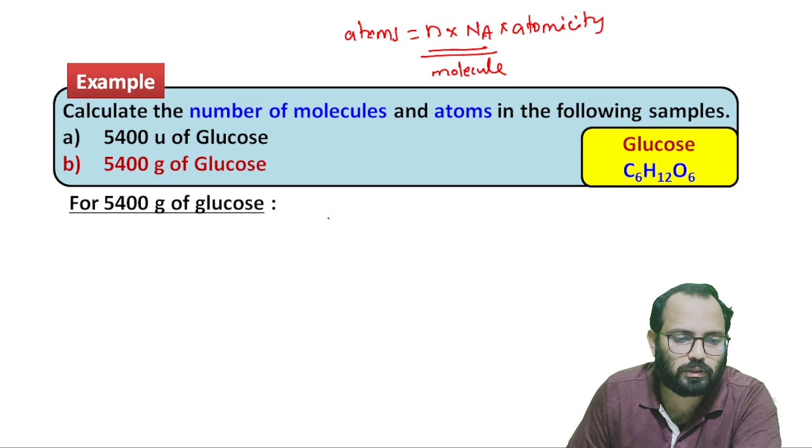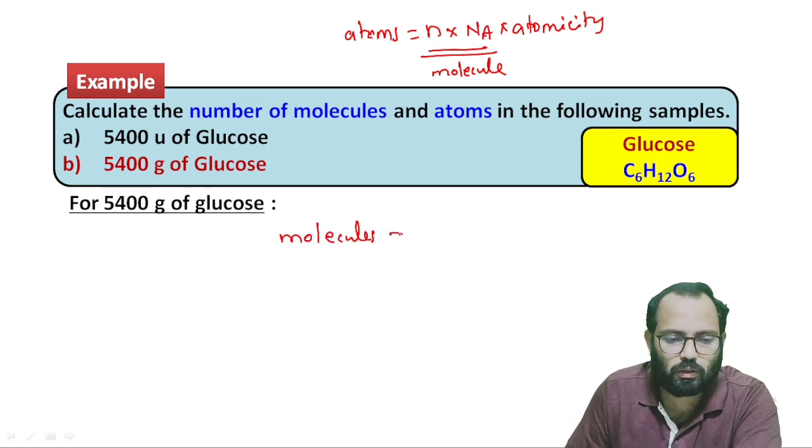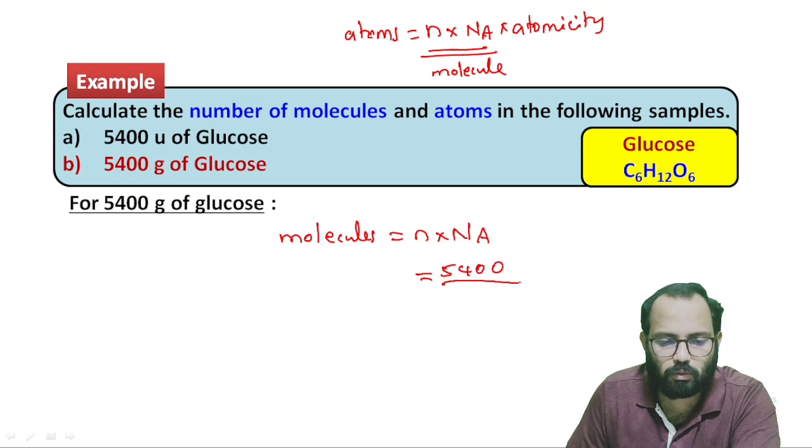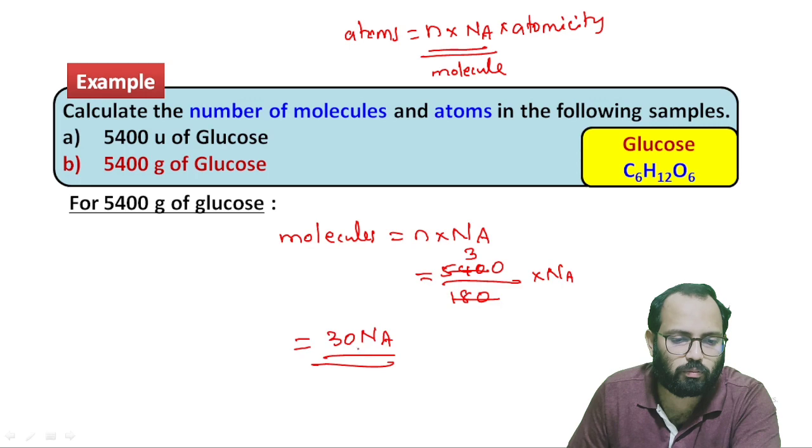So number of molecules is equal to n into Na. n is 5400 gram by 180 gram, so it's going to be 30, and into Na will come. So the answer is 30 Na. This is the number of molecules.